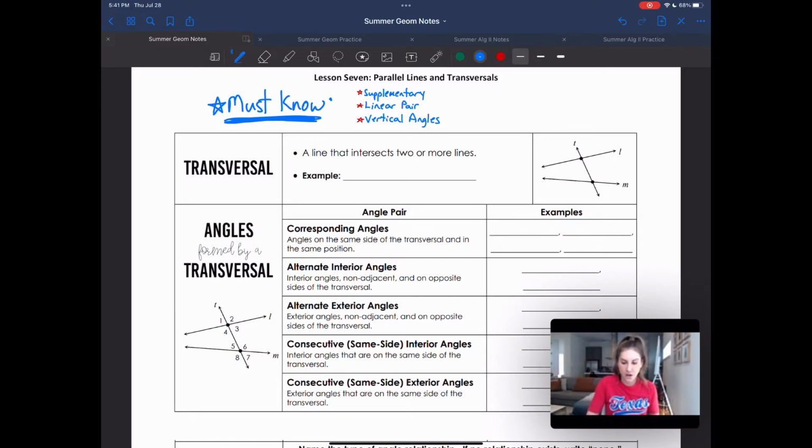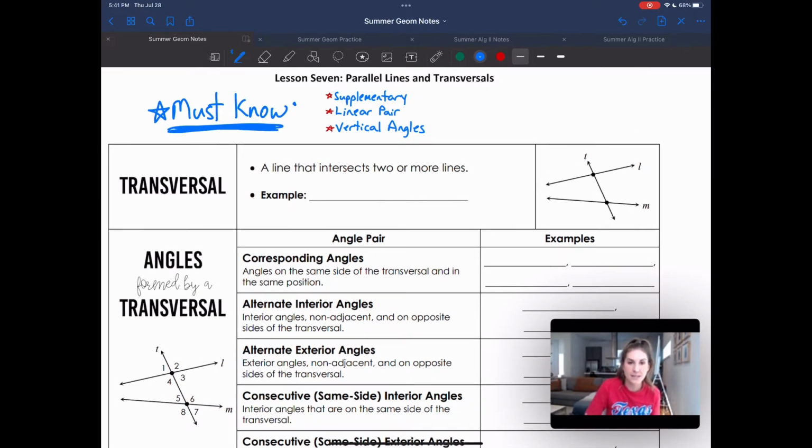Okay, so first off, we're talking about this first word, which is called a transversal line. It's nothing fancy, it's very basic actually. A transversal is a line that intersects two or more lines. So in our example here, if you take a look at the picture, you've got three lines, right?